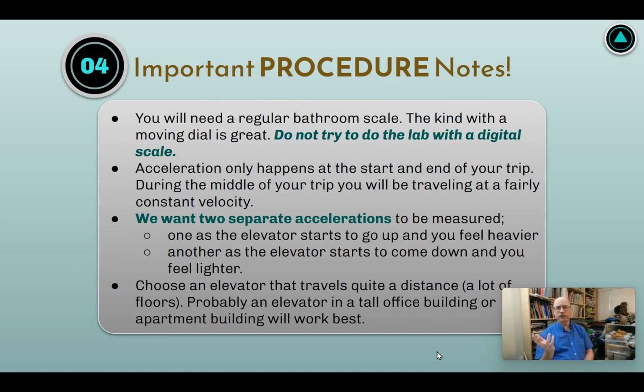During a whole bunch of the motion of an elevator, the elevator actually moves at a fairly constant, uniform velocity. That's the middle of the trip, and we're not interested in that. We want that burst of acceleration at the beginning on the way up and the burst of acceleration as we start to come down. That's the acceleration we're trying to measure.